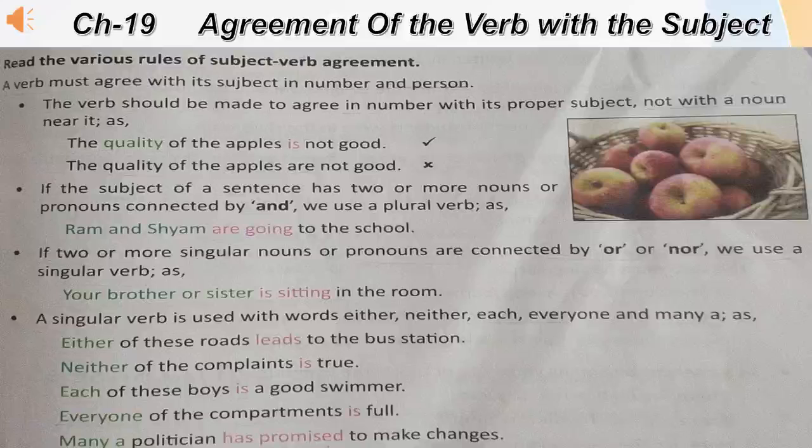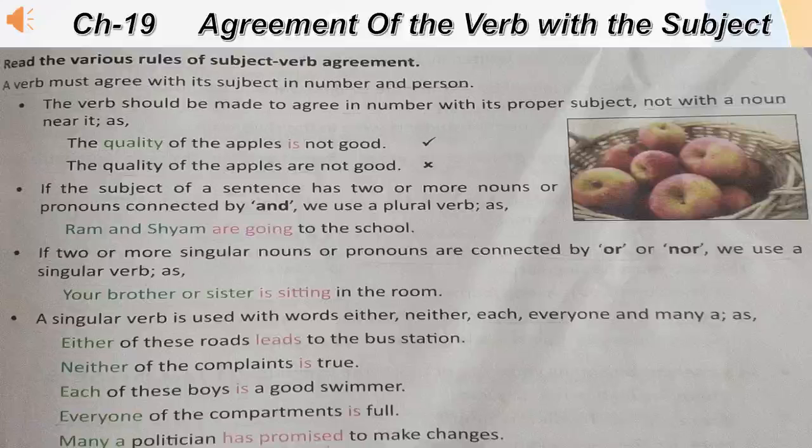So, according to the proper subject, we have used the verb is here. We can't use the verb are because apples is not the proper subject.